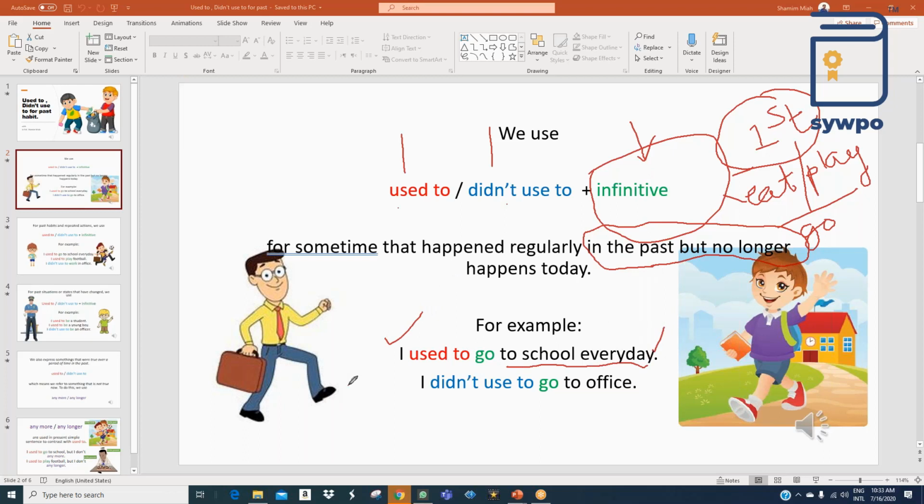So if you see here, I didn't used to go to office. Look here, this picture. I was a child in the past, so I didn't used to go to office. But you see, I'm a man, so I can say I used to go to school every day when I was a child. So you see, used to and didn't used to are used for actions that we did in the past regularly.